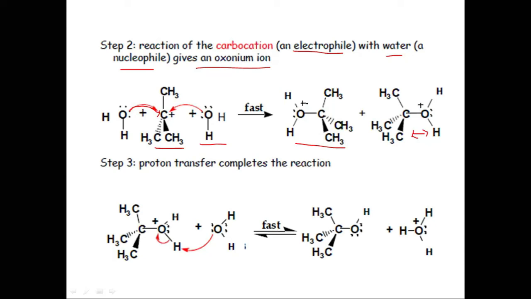The last step of the reaction is step 3, wherein proton transfer completes the reaction. Here the water molecule deprotonates the formed oxonium ion, and this is a fast step. We will get the alcohol as the end product. So this is related to the SN1 mechanism, which involves a 3-step mechanism.